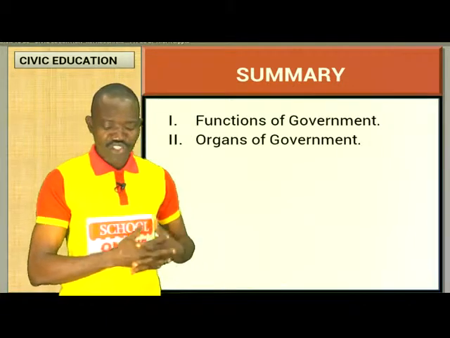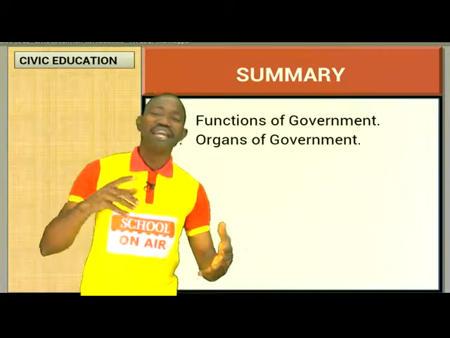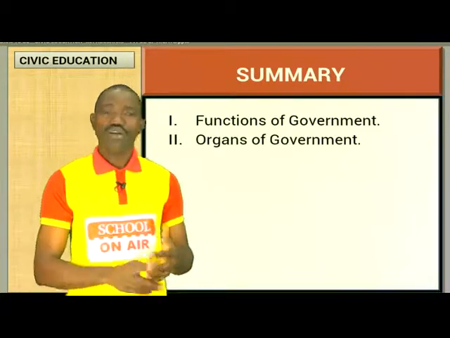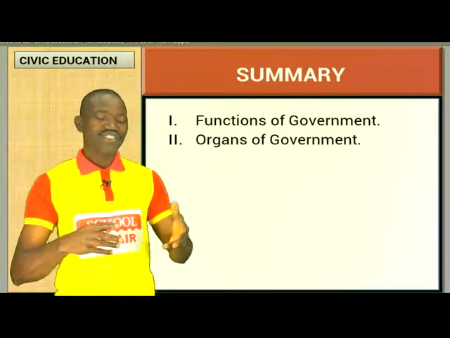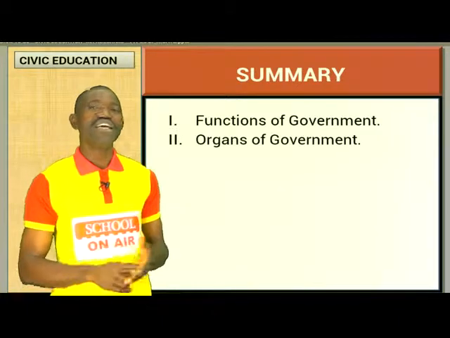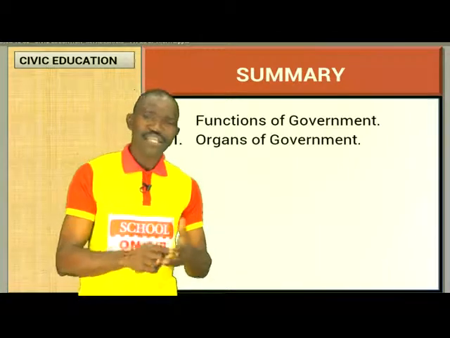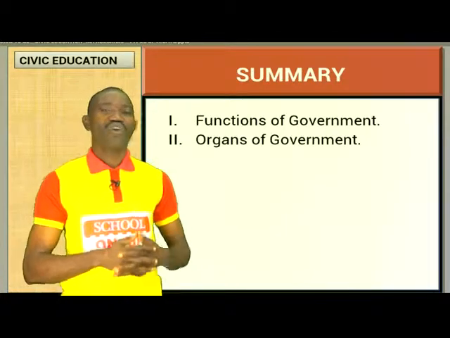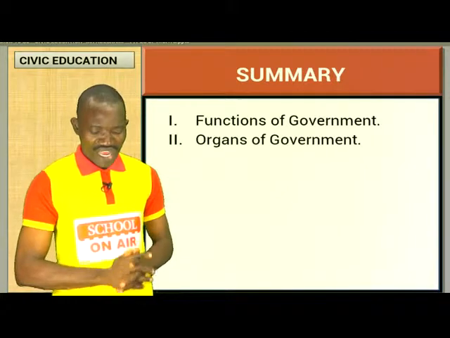We have talked about functions of the legislature, that is making relevant laws, scrutinizing and approving executive decisions, representing members of their constituency on the floor of the assembly, and so on and so forth.